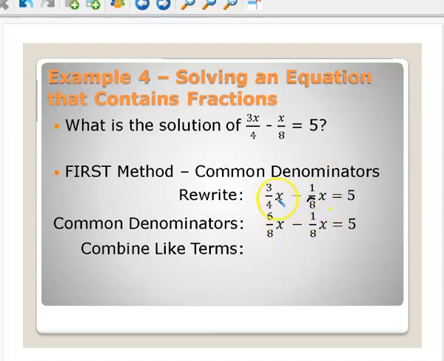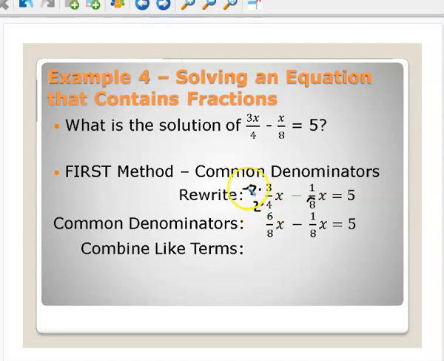So some of you may be asking, hold on, how did you go from the 3/4 to the 6/8? Well, I know that to get a denominator of 8 in this first term, I'm going to have to multiply the bottom times 2. Well, whatever I do to the bottom, I have to do to the top, okay?